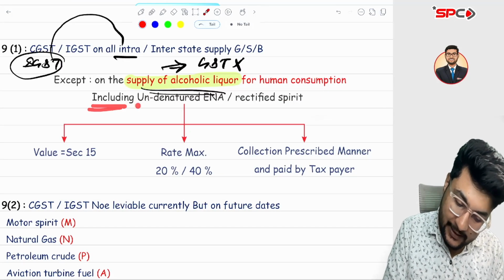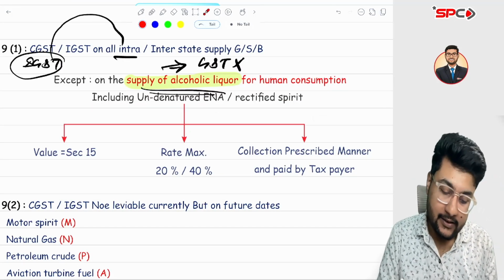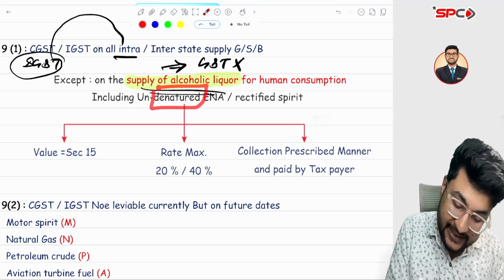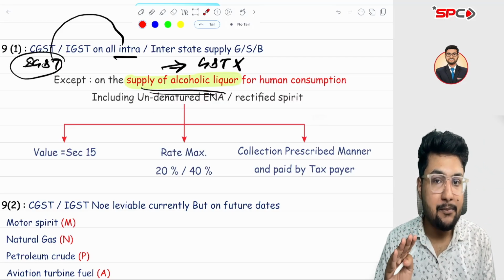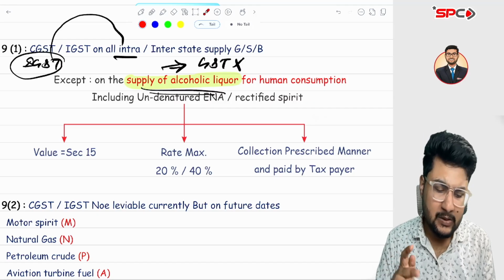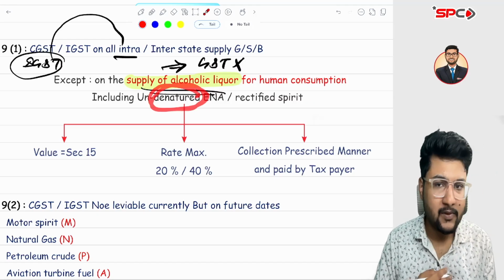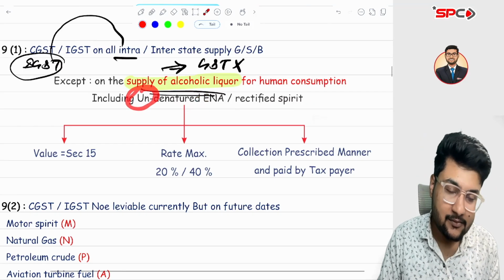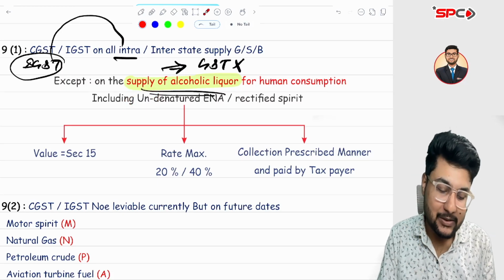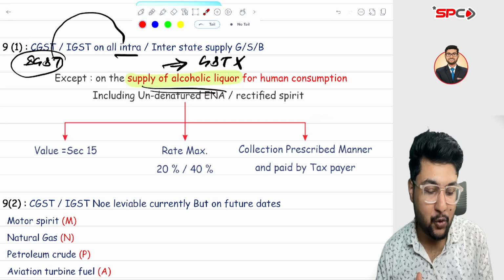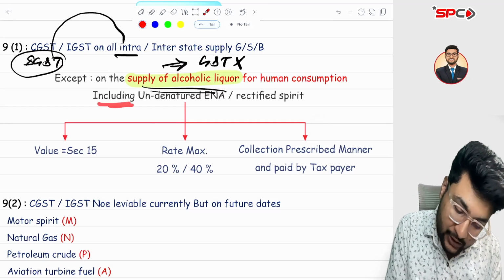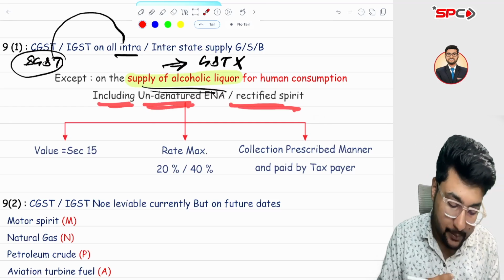One more thing, including undenatured spirit. As the name specifies, denatured means anything which can be used for one purpose, and undenatured means it can be used for many purposes. So undenatured means any alcohol which can be used for two purposes, so including undenatured rectified spirits.